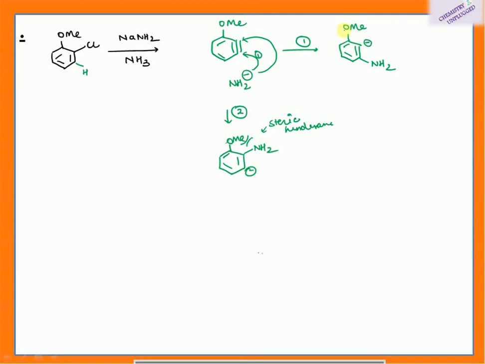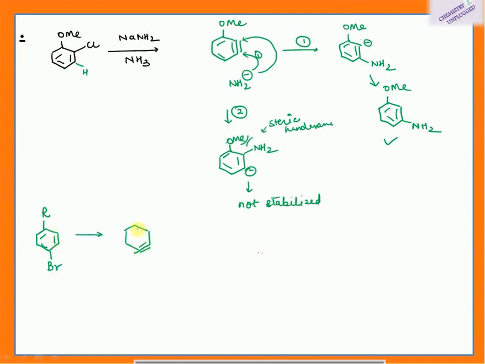The second thing is this negative charge is not stable in nature. This one is stable because we have the oxygen of this methoxy, which is electronegative, and pulls electron density towards it and stabilizes this carbanion. While in this case, this negative charge is not stabilized. So the major product will be this one, the meta substituted NH2.